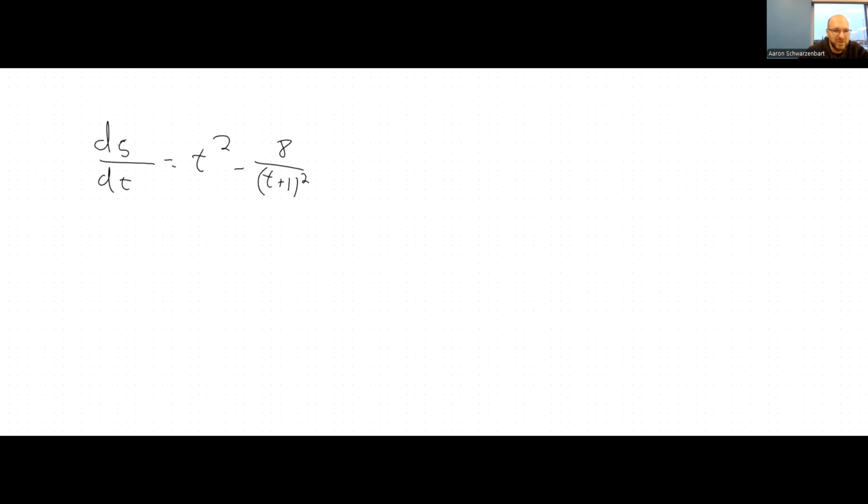We can change the zoom a little bit. It's either getting closer or it's going further away.